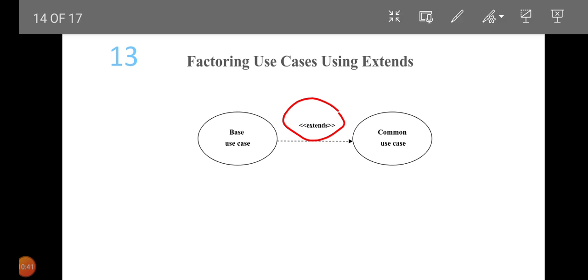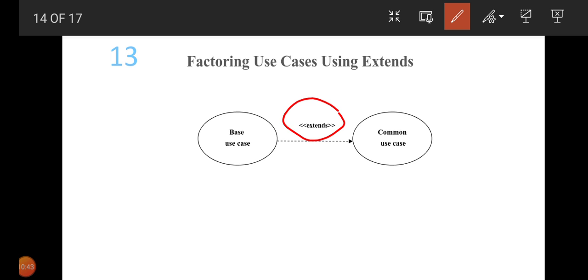And one more important factor for this extends is this representation is slightly faulty, so the arrow from the common use case would be towards the base use case and not here. So this is the representation of an extends or an optional use case.